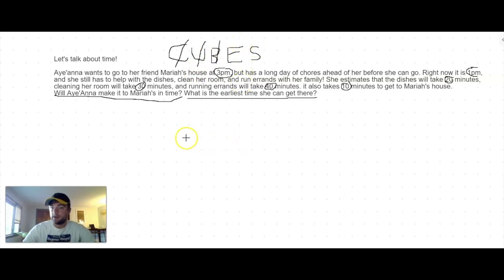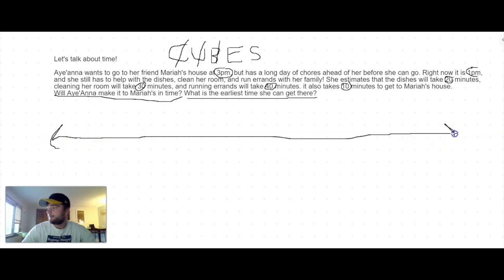And then we can start evaluating and drawing. And there, again, are many ways to do this. I think a great way to do this is to use a timeline, because we're talking about time. So at the beginning of our timeline, I'm going to start at 1 p.m. because that's what time it is right now.